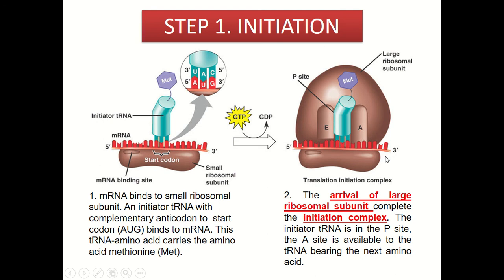Okay, and the initiator tRNA here is in the P site, because parking is available, so they will go directly to the P site. And now the arrival site is available for the next tRNA that will bring the next amino acid.